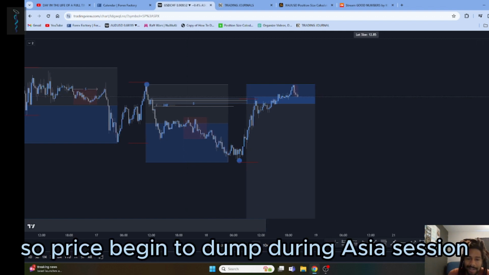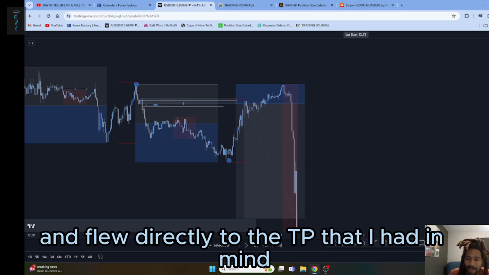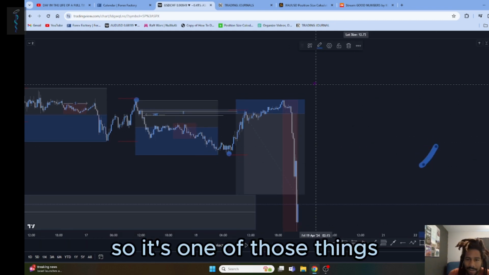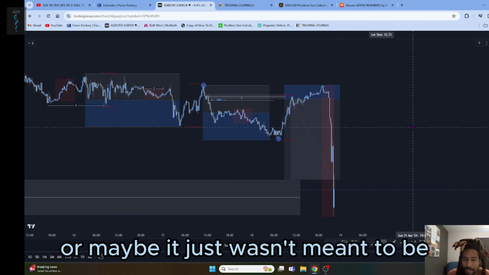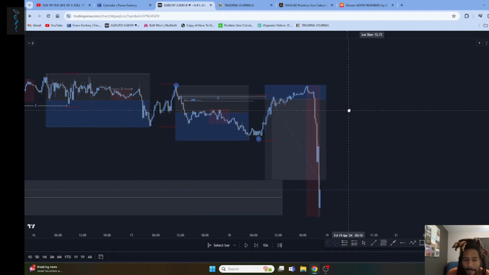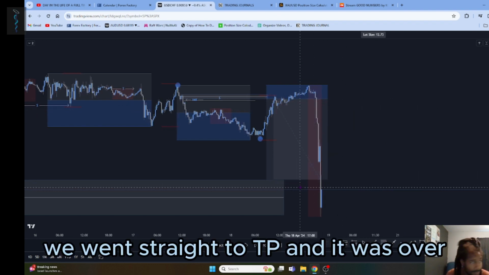Price began to dump during Asia session and flew directly to the TP that I had in mind. Maybe I didn't have a wide enough stop, or maybe it just wasn't meant to be. Nevertheless, we went straight to TP and it was over.